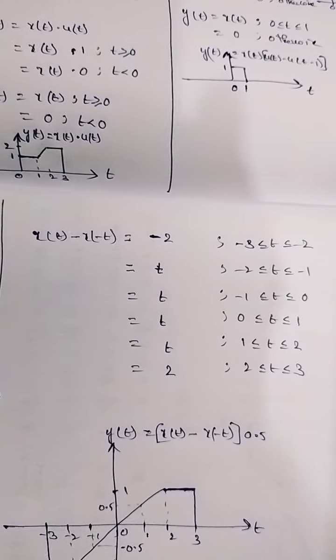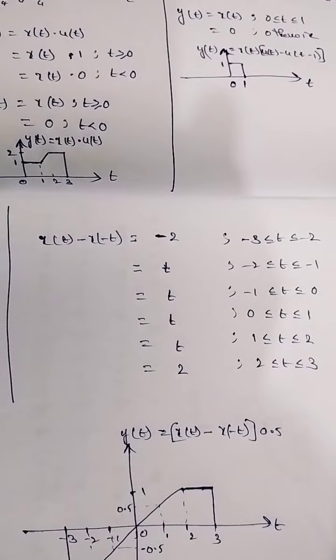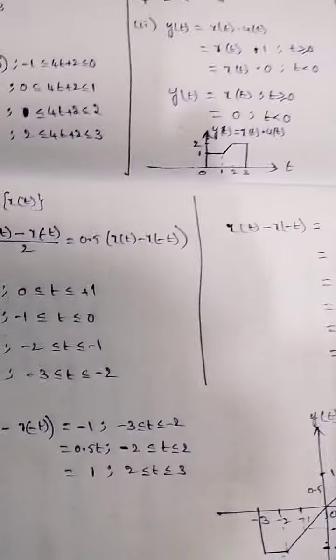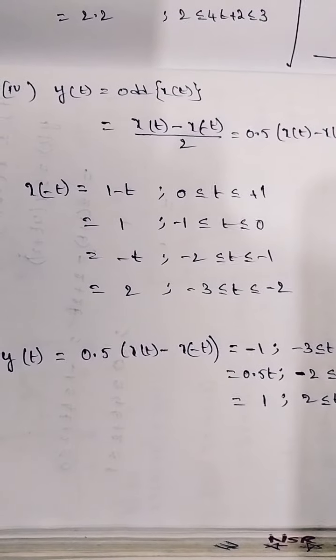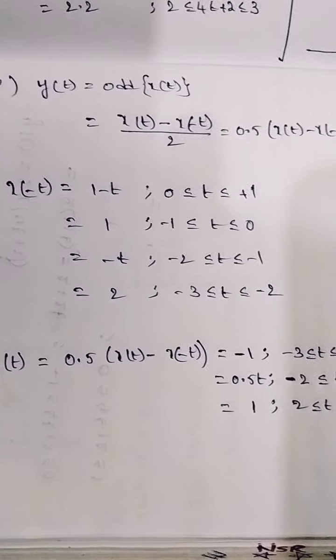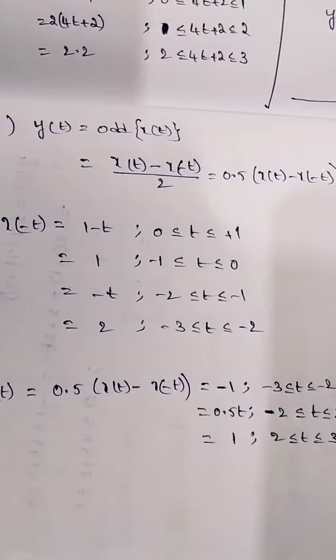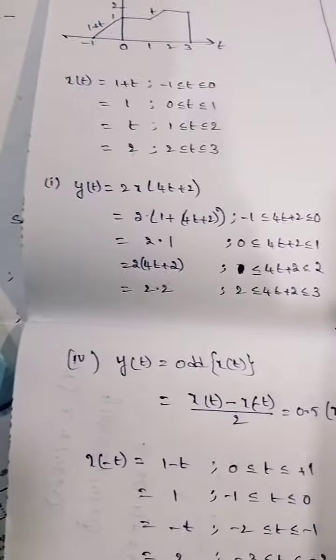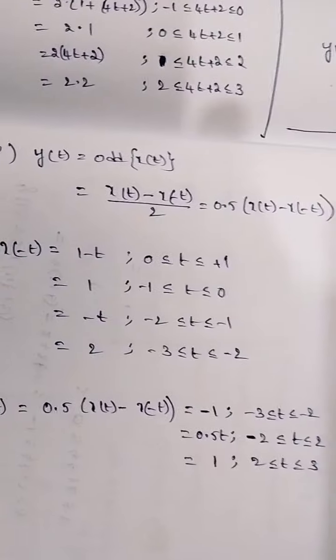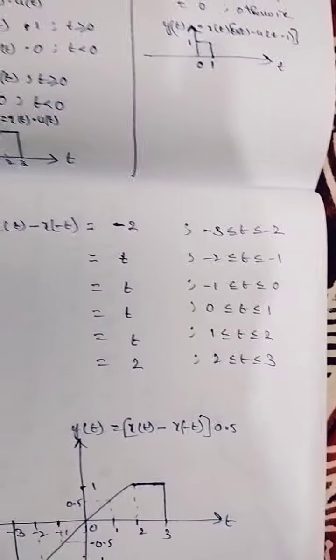Take the amplitude values and then do the subtraction. Here x(t) range is minus 1 to 3, x(-t) range is minus 3 to 1. So the lower limit value is minus 3 and the upper value is 3, so we get the time range minus 3 to 3.